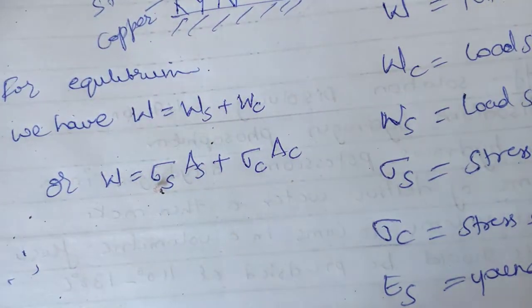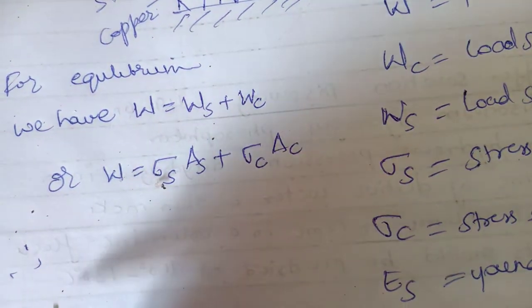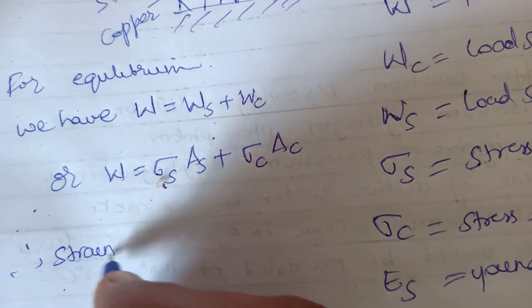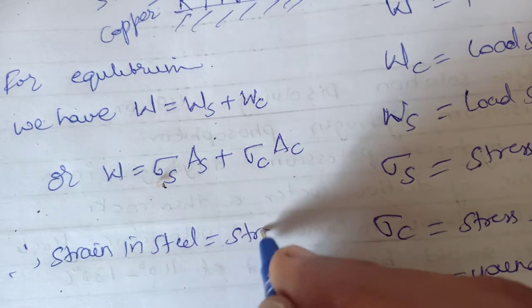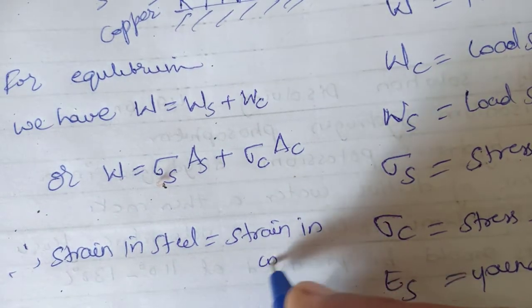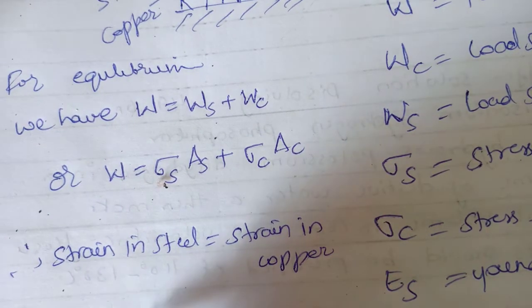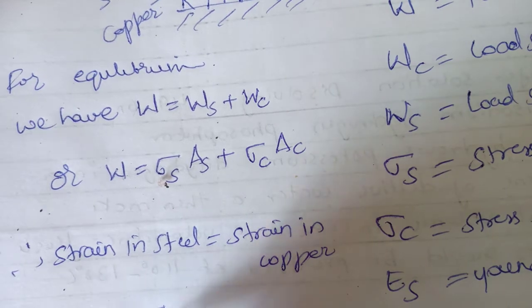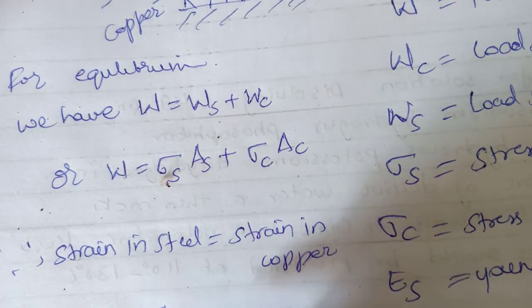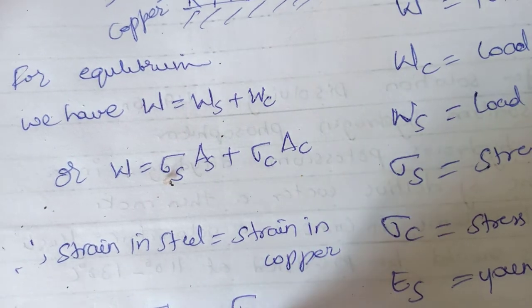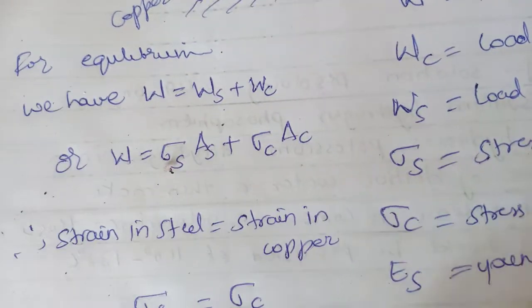Therefore, strain in steel will be equal to strain in copper, or we will write it in the formula as sigma S by Es equals sigma C by Ec.